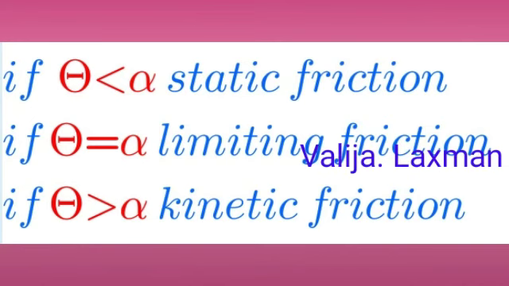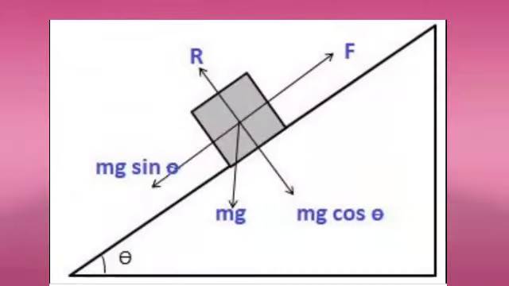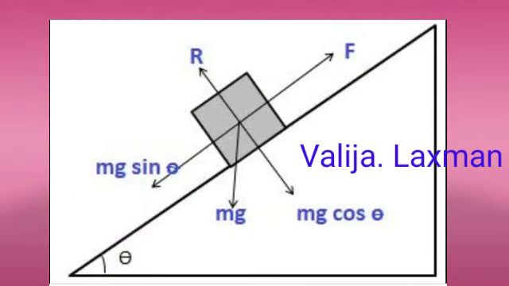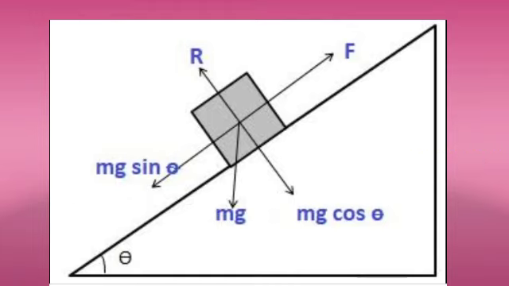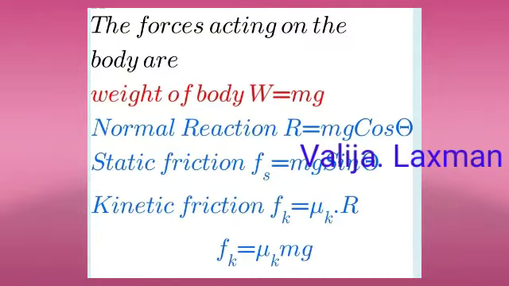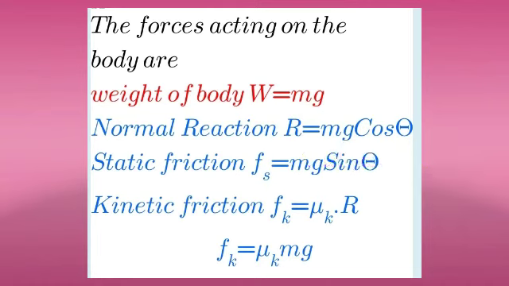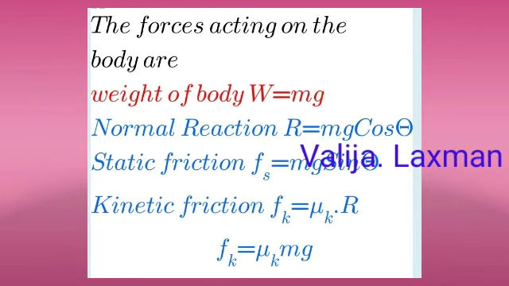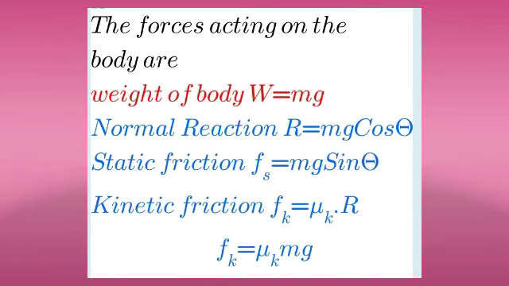Now consider the situation when the body is sliding down on the inclined plane. The forces acting on the body are the weight of the body W equal to mg, the normal reaction R equal to mg cos theta, the static frictional force Fs equal to mg sin theta, and the kinetic frictional force Fk equal to mu k into R, that is mu k into mg cos theta.